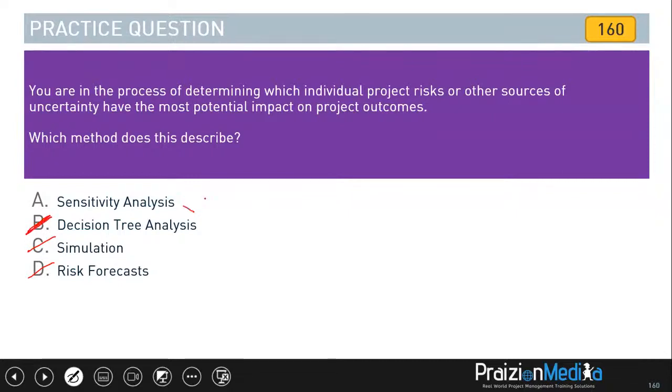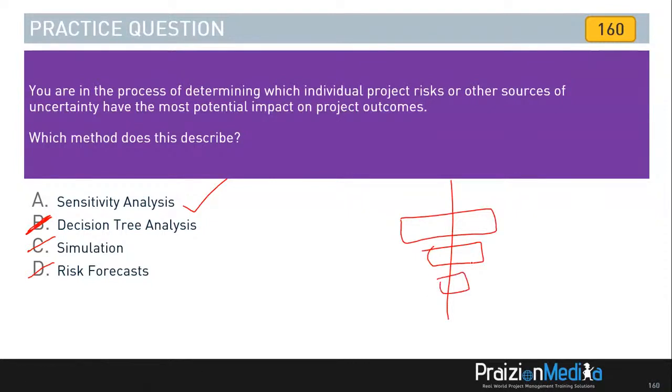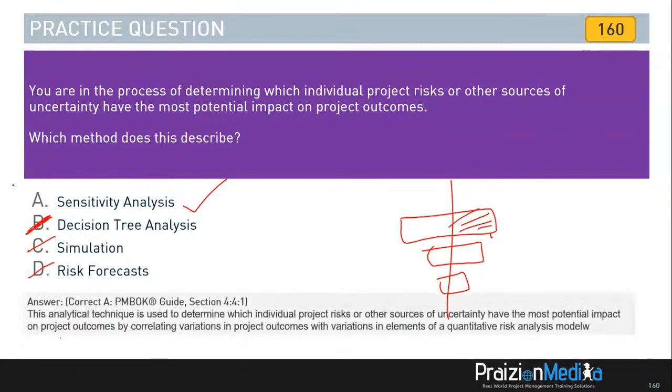But the very best answer is sensitivity analysis. Remember, we talk about the tornado diagram and how that is an example of sensitivity analysis. The length of the bars show you which risks are most sensitive. In other words, which of these risks could greatly affect the project most? So the answer is A.